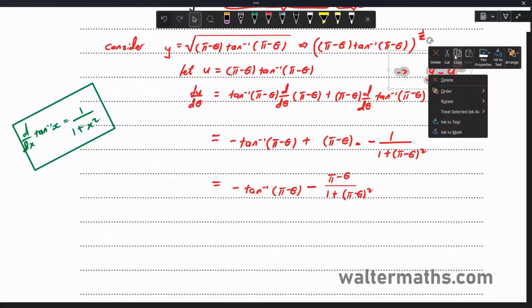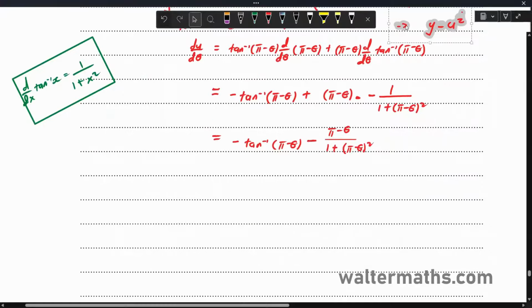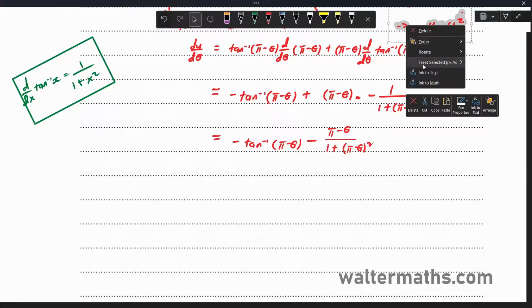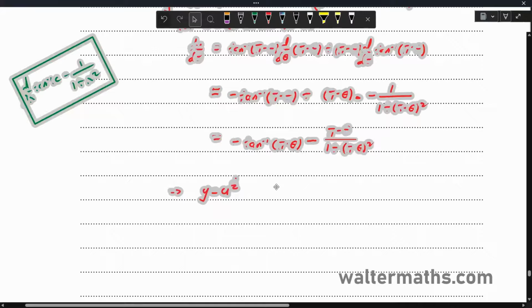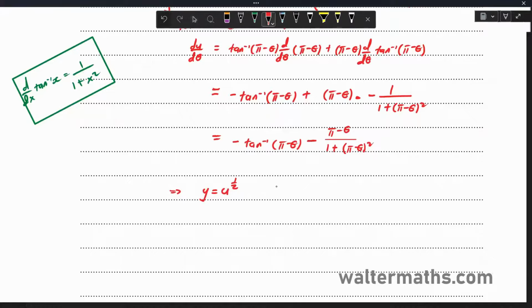Let's also take this result. We will also need this for the chain rule. So let's remove it from here and place it down here. For the fact that y is equal to u to the power of a half, dy by du gives us half of u to the half minus 1, so the minus of a half, which can be written as 1 over 2 root u.